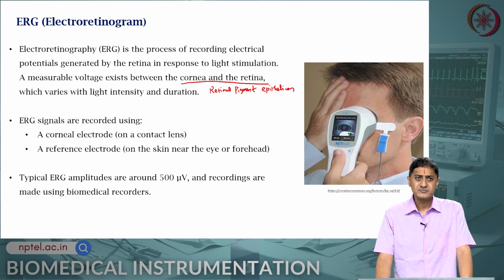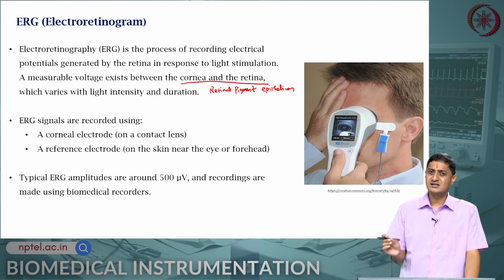So, this essentially varies with light intensity and the duration of light, and ERG signals are generated using a corneal electrode, and this corneal electrode is placed on the cornea using a contact lens.